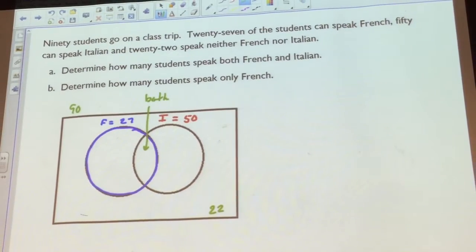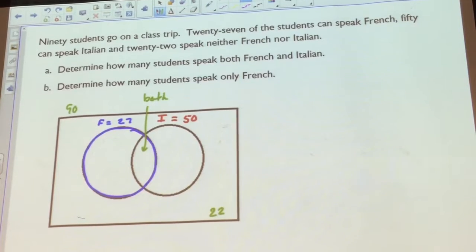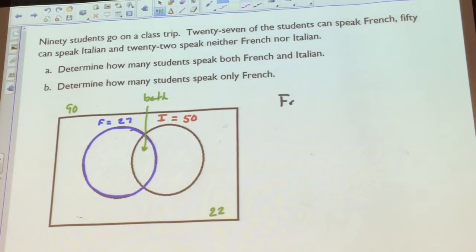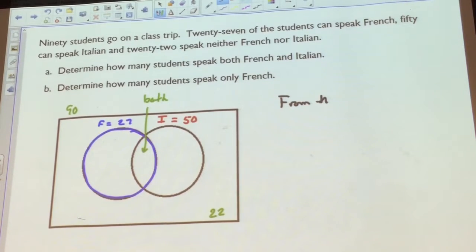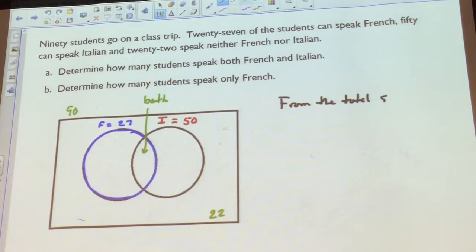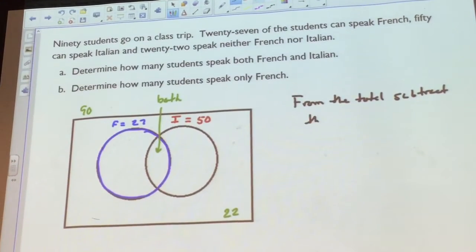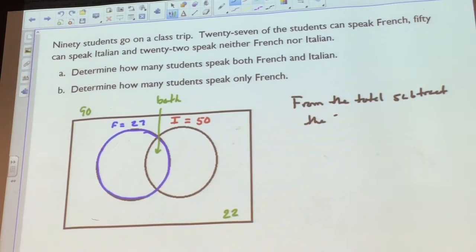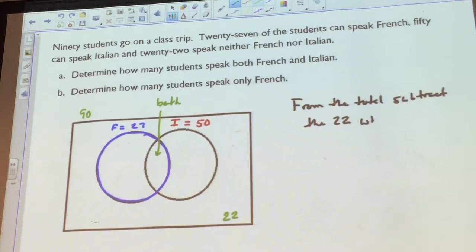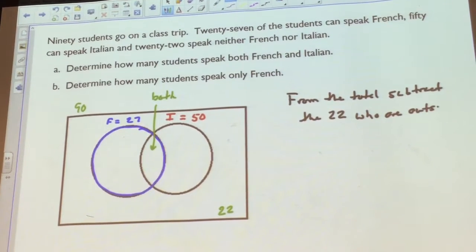would be to come back in to do something like this. From the total, subtract the 22. Who are outsiders.